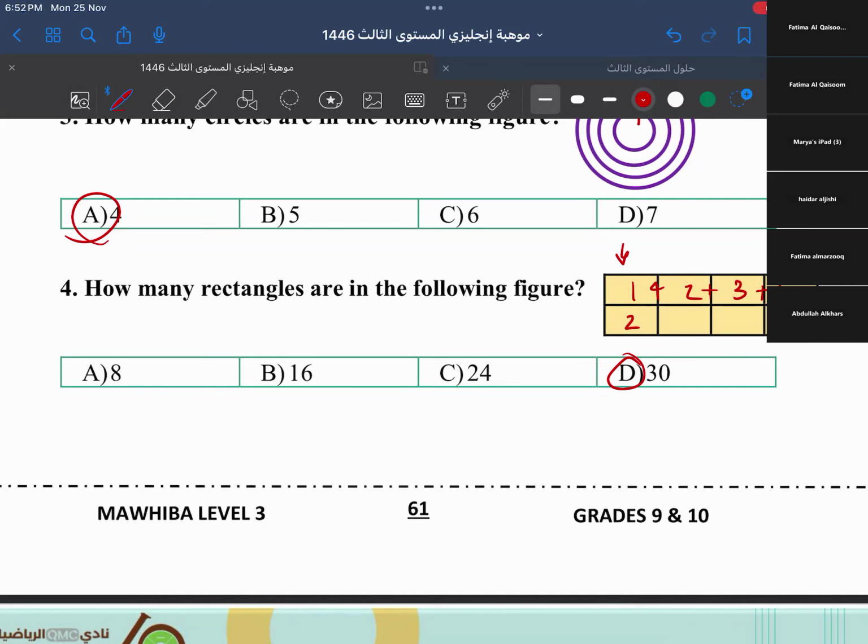In the columns here, I added the numbers in the row, and then I added the numbers in the columns, which is 1, 2. So 1 plus 2 is 3. Now I have the total of the rows and the total of the columns, and to find the answer, I have to multiply them by each other. 3 times 10, which equals 30.